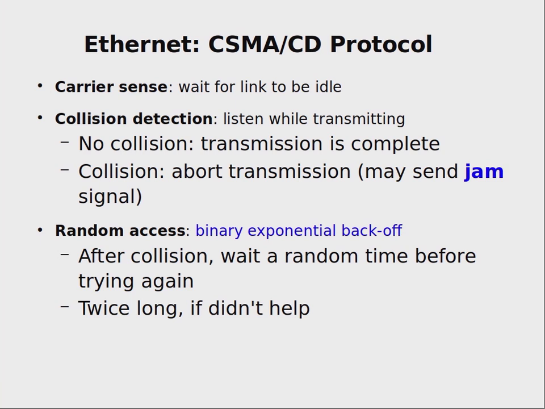So everybody is always listening, and also checks that there is no collision. Collision means that more than one device is transmitting data. And if this collision happens, both devices or many devices abort transmission, and some may send a jam signal, usually for wireless devices, and then they shut up for some random time, and this random time initially is shorter.